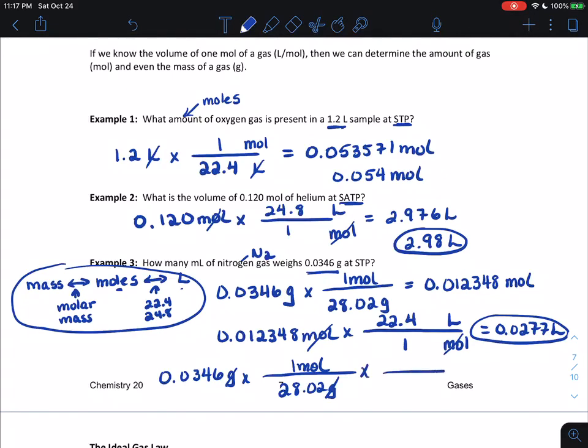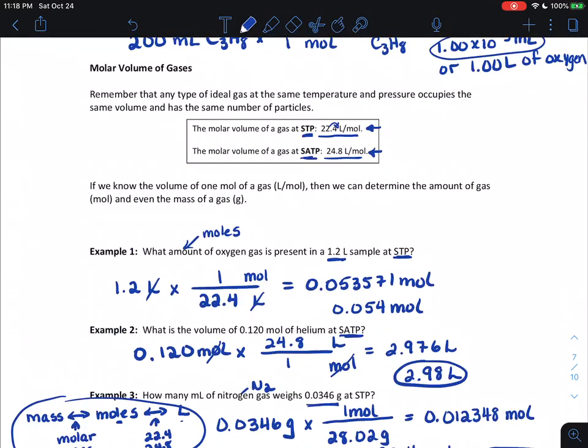Then I'm not going to solve. I'm going to go right next to my ratio. Do you see I'm left with moles? So moles has to be at the bottom, liters at the top. This is 22.4 liters in 1 mole. And so I've done it all in one step. So this is 0.0346 divided by 28.02 times 22.4, and you end up with the same answer in just one step. It's a little bit faster and a little less prone to error.